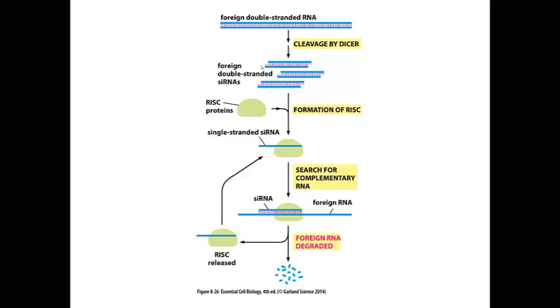So it is part of the normal mechanism of controlling gene expression in living things, but it's also used for gene silencing in experiments. And the way that would be done is the following.